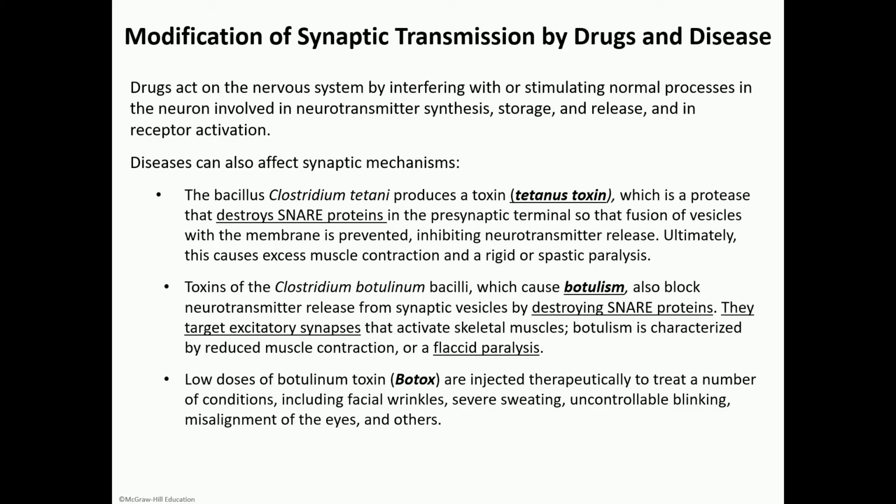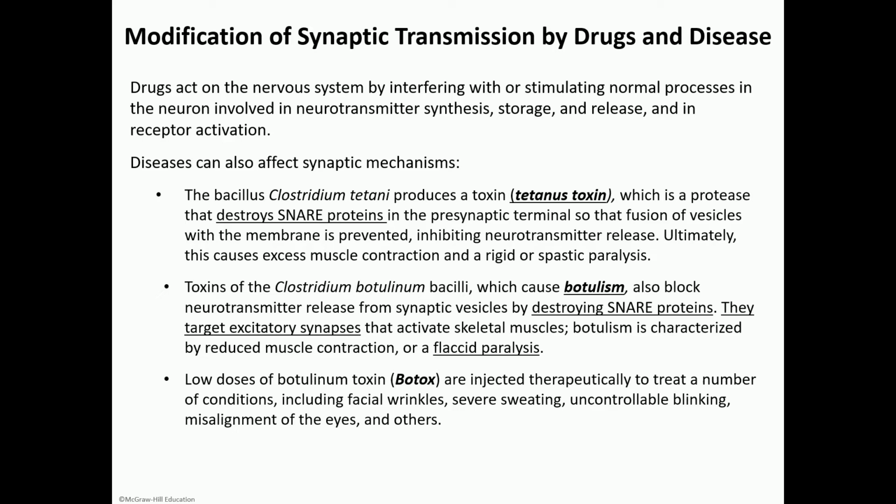We can use it to treat a couple of things, including facial wrinkles. So Botox injection is basically injecting that toxin, leading to the flaccid paralysis of the facial muscles, hence decreasing wrinkles. We can also use it when patients have hyperhidrosis, which is an increase of sweating.